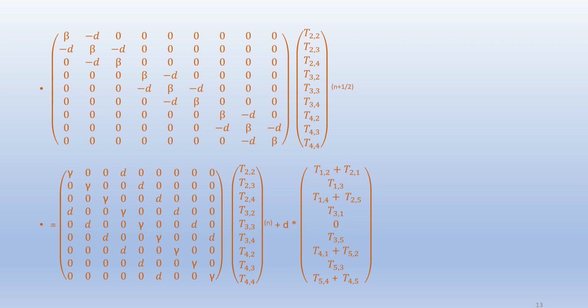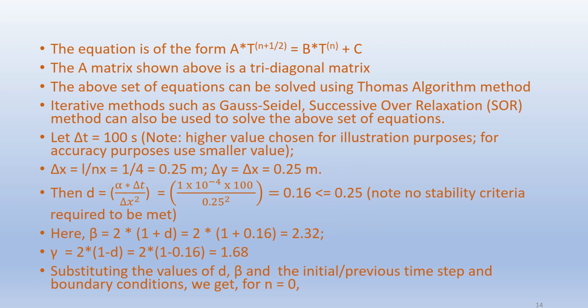The right hand side vector, for example T1,2 plus T2,1 and T1,3 etc., represent the boundary conditions. The equation is of the form A times T^(n+1/2) equals B times T^n plus C.